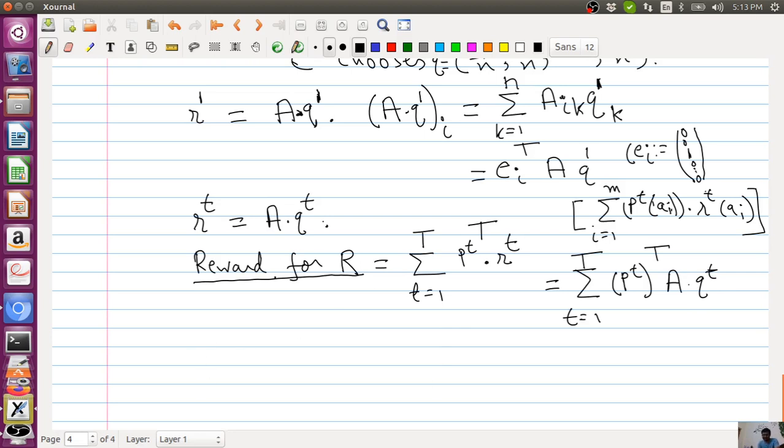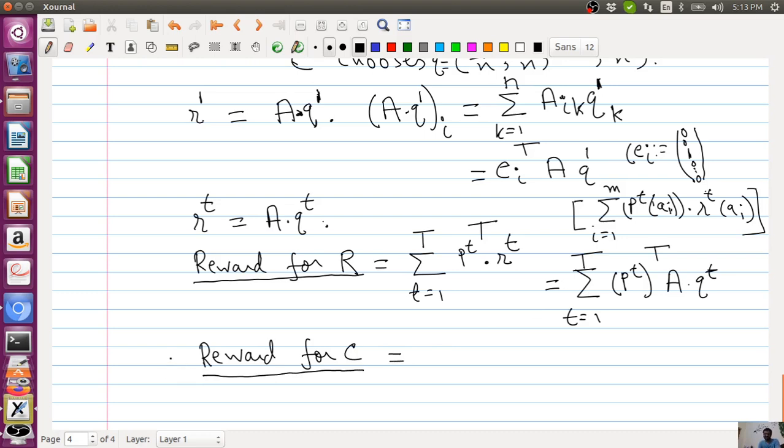And let's for a moment switch over to C. By an analogous argument, the reward for C is exactly going to be the negative of this.